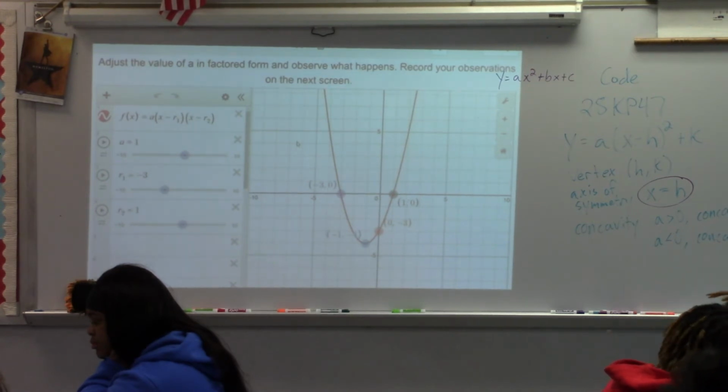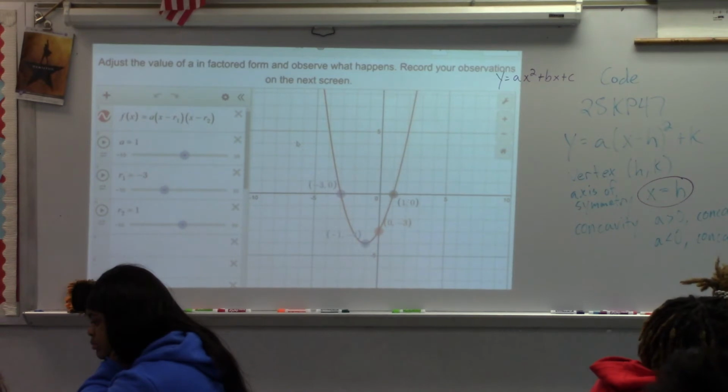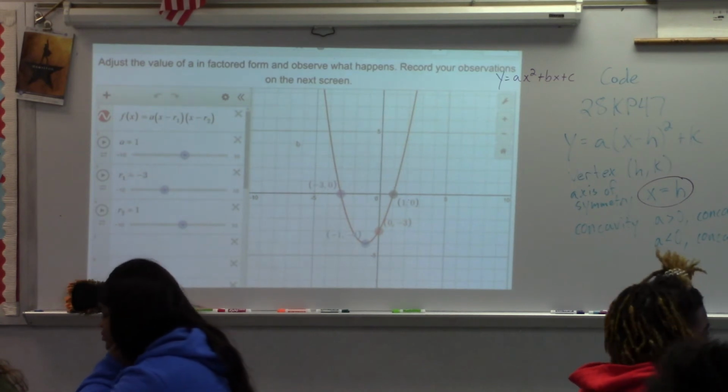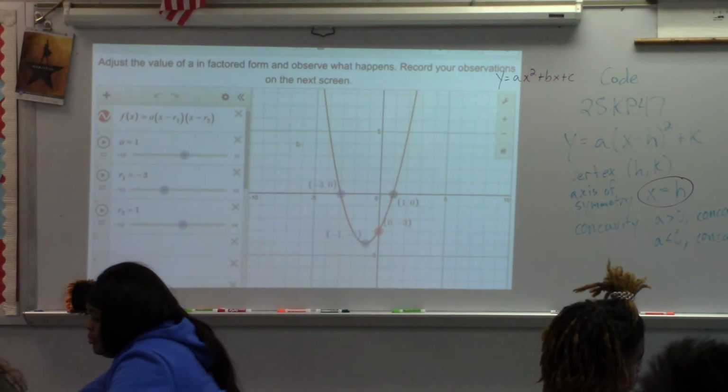Look at your key characteristics. What characteristic has a y value of 0? Oh, the x-intercept. So you're telling me that R1 and R2 tie into the x-intercepts? Is that true?